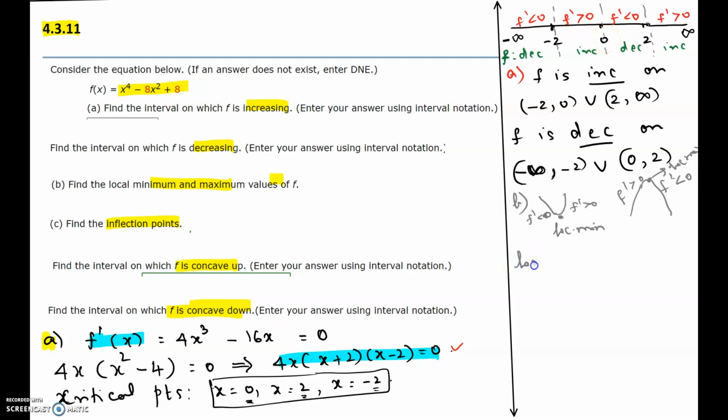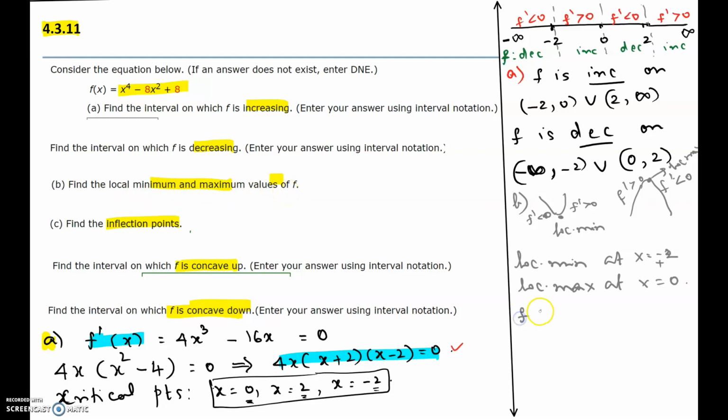So local minimum occurs at x equal to -2 and +2, and local max occurs at x equal to 0. The question is the local minimum and maximum values of f.